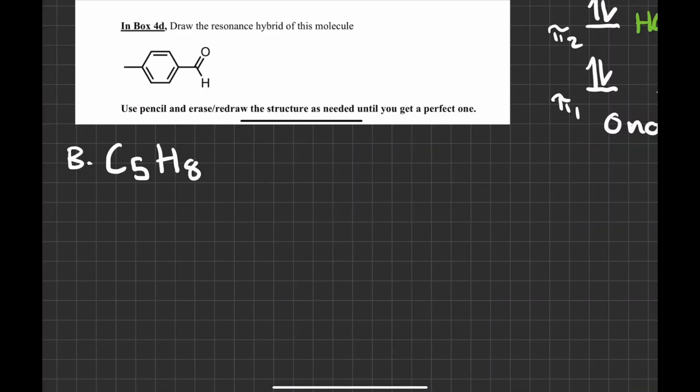So we need 5 carbon atoms. So 1, 2, 3, 4, 5. And since the number of hydrogens is pretty small, this indicates that there are going to have to be double bonds. So we can place a double bond here and another one here.